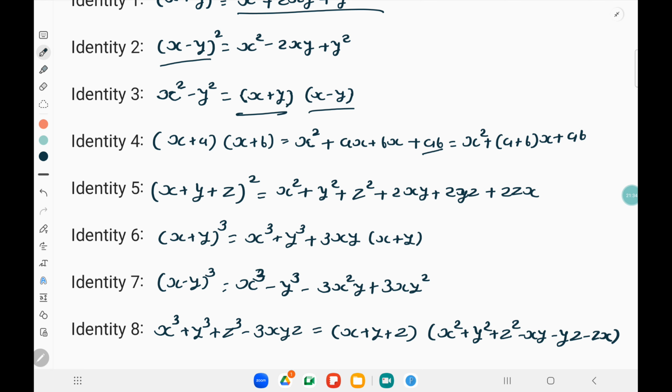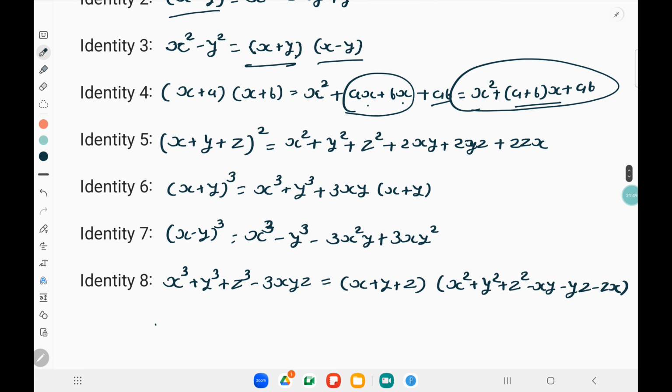And here x is a common term, so you can write this way as well, x square plus in a bracket a plus b bracket close x plus ab. Identity number 5, x plus y plus z whole square equals x square plus y square plus z square plus 2xy plus 2yz plus 2zx.